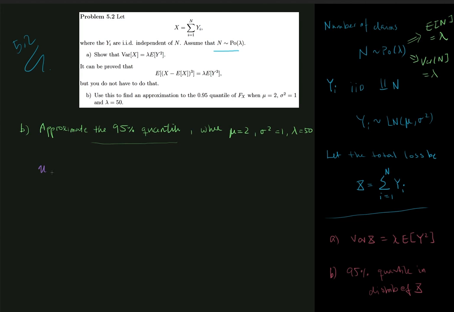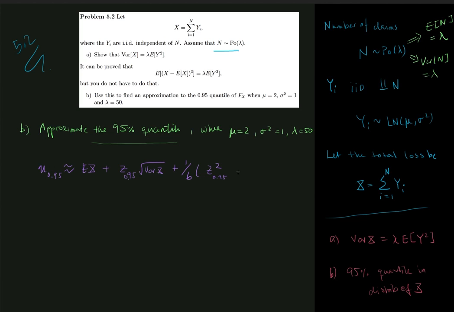The 95% quantile, U sub 0.95, is approximately equal to the mean of x plus the 95% quantile in the standard normal distribution multiplied by the variance of x, plus 1/6 of the 95% quantile in a standard normal distribution.